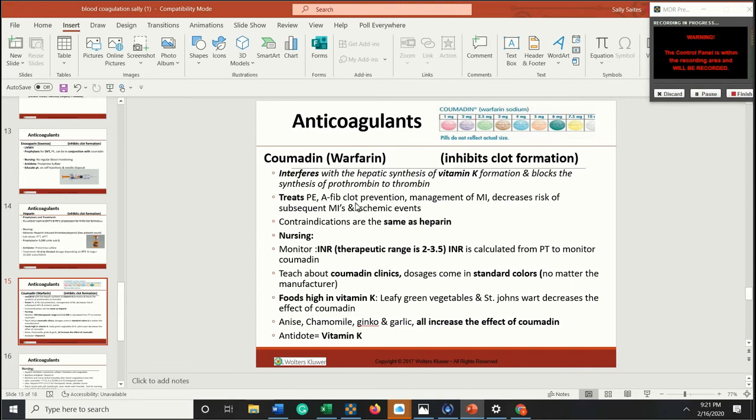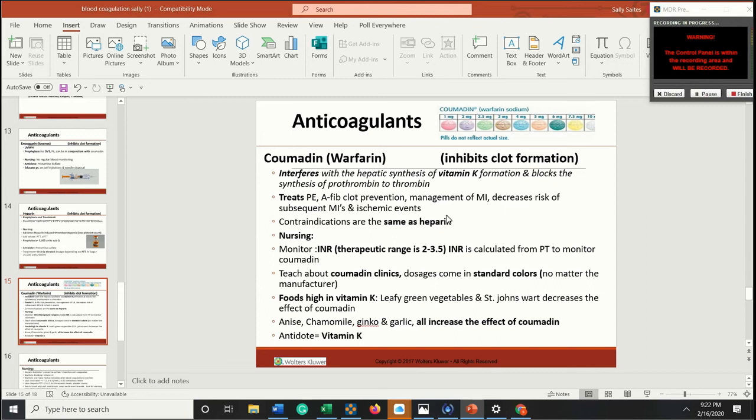Again, it treats PEs, AFib, clot prevention, management of MI, decrease of subsequent MIs and ischemic events. The majority of Coumadin out there is for patients that have current heart conditions and have a very high likelihood of either going into AFib or have a history of AFib and are on antiarrhythmics right now that are helping prevent them from going into AFib.